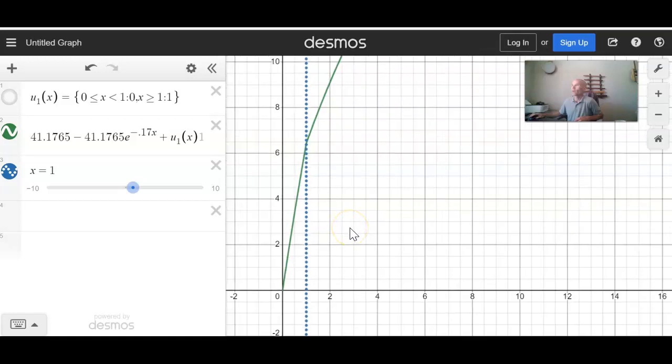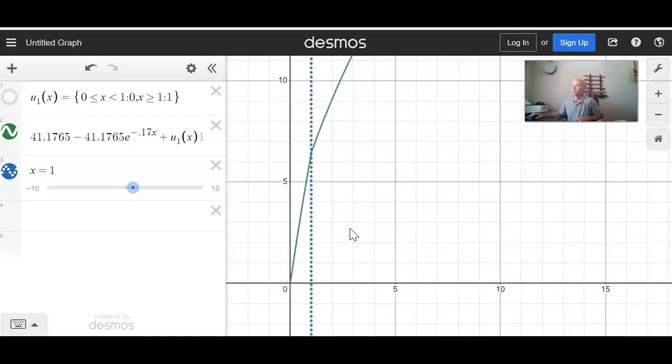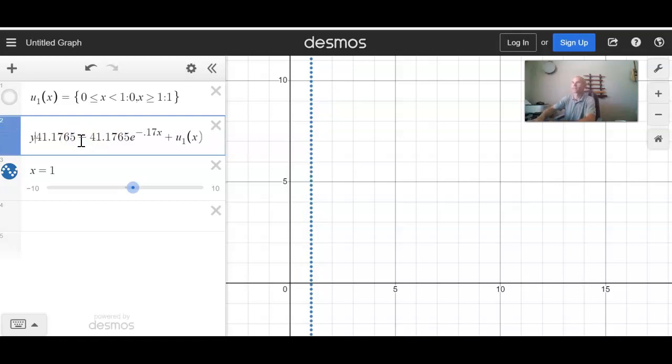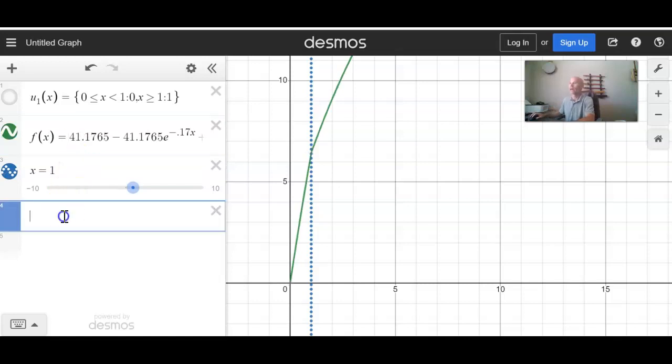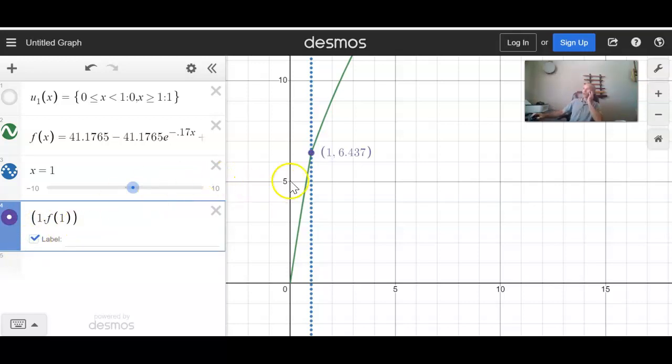And now we want to know, will we hit 10 milligrams after 2 hours? So let me actually define this as y, or f of x equals, and let me just calculate f of 1. I'm going to have it plot the point, 1 comma f of 1, click label. That's time 1. We want time 2.